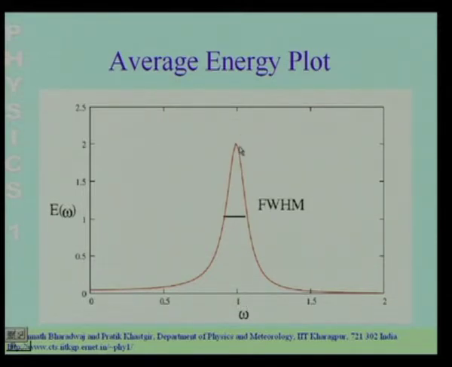So, at that particular frequency the energy of the oscillator would be maximum. For other frequencies, the energy that is stored in the oscillator would be less, and you have a peak. So, you have a peak in the energy response of the oscillator to forces of different frequencies. You have a maximum at a certain value and then it falls off as you move away from that value.